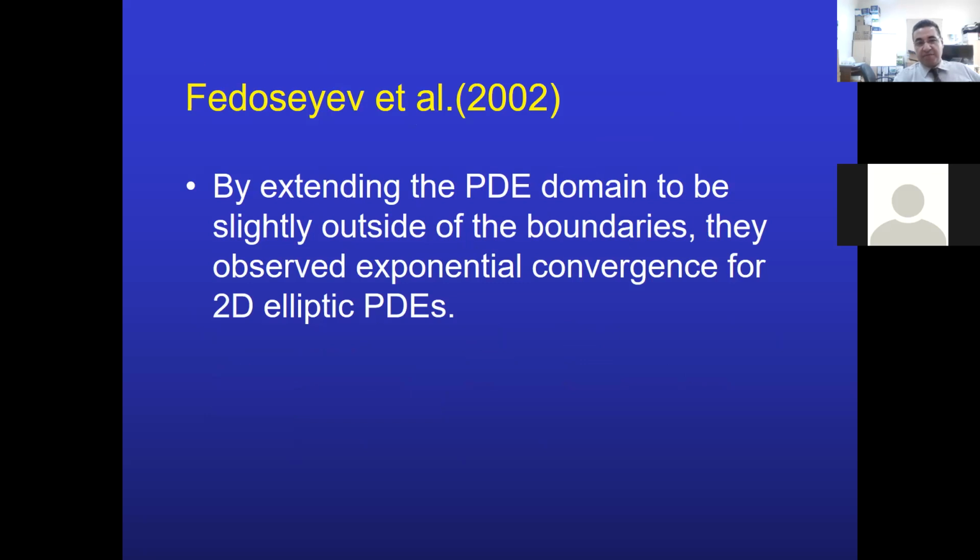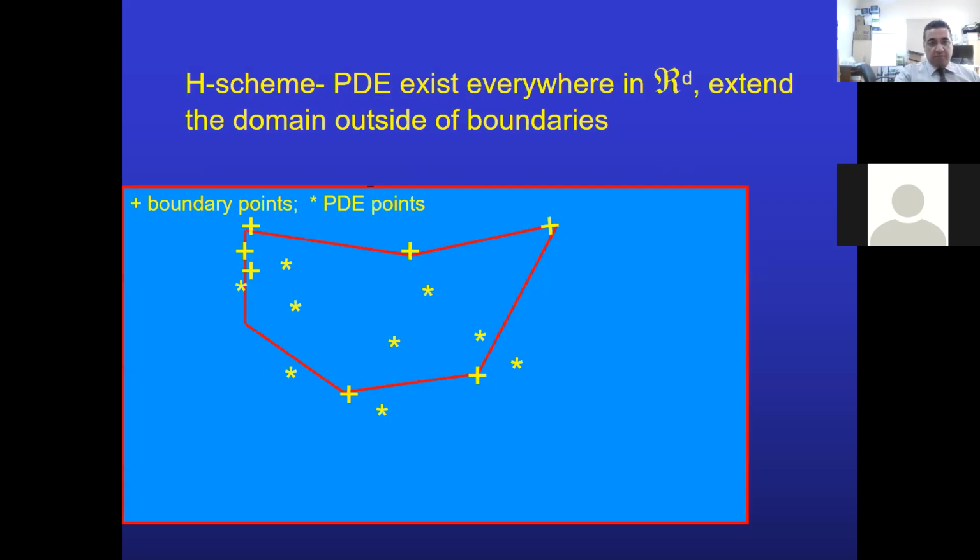Fedoseev et al. extended the PDE boundary to be slightly outside the boundaries, and observed exponential convergence for elliptic PDEs. Next slide. Okay, so I just want to show you these stars.